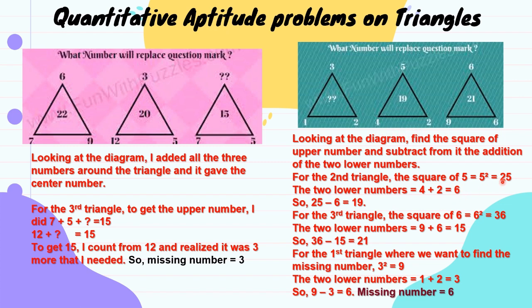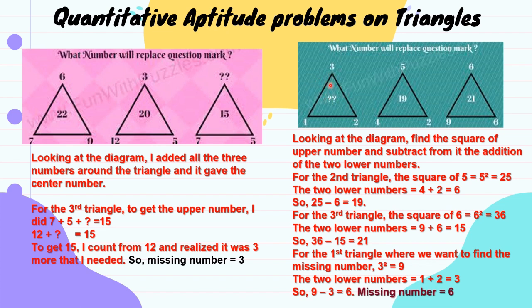When you take away 6 from 25, 25 minus 6, it will give us 19. For the third triangle, I took the square of 6, 6 raised to power 2, which is 6 times 6. It will give us 36. I added the two numbers below, 9 plus 6, 15. I took away 15 from 36. 36 take away 15 will give me 21, which is the middle number.